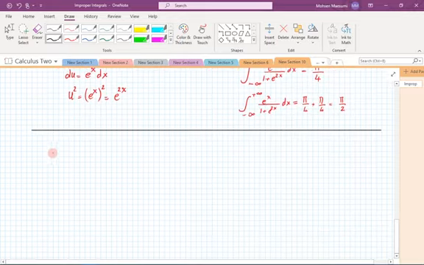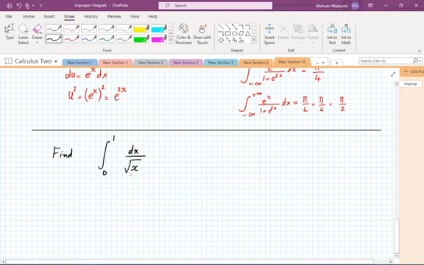So suppose the question is: evaluate the integral from 0 to 1 of dx over, now here I might have anything, say the square root of x. Why is this an improper integral?